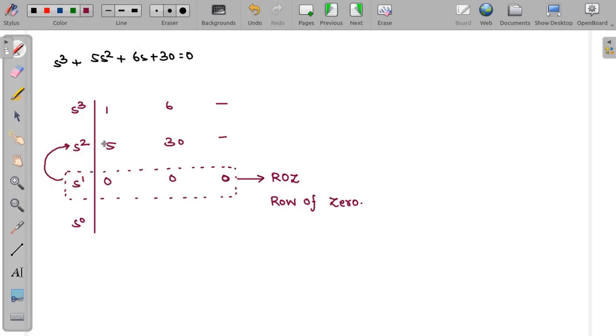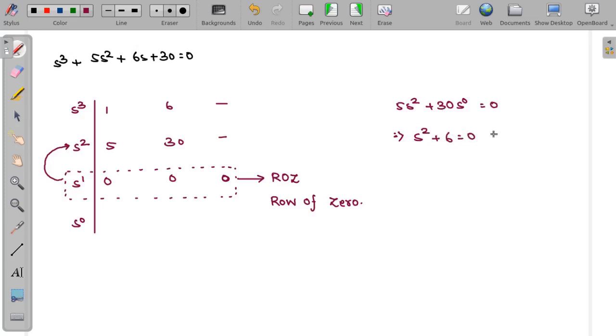So above this we have this row. So fill the coefficients of this row. So this is even power of S. So that will be 5s square plus 30 s to the power 0 equal to 0. So this will be s square plus 6 equal to 0. Okay. So this is your auxiliary equation.